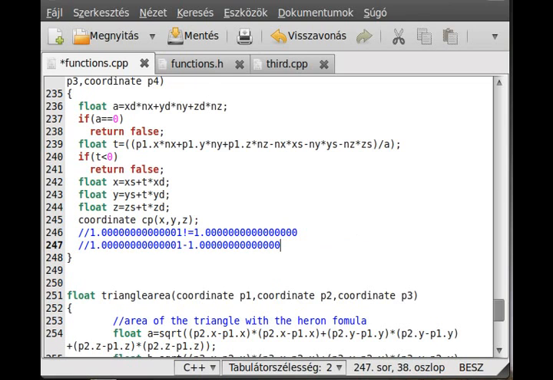If it is less than 0.001, then it will be treated as equal. That is the threshold, the precision that we want. For example, if I write 0.1 in here, that would mean that 1.1 is equal to 1.